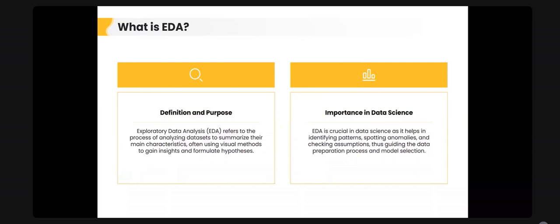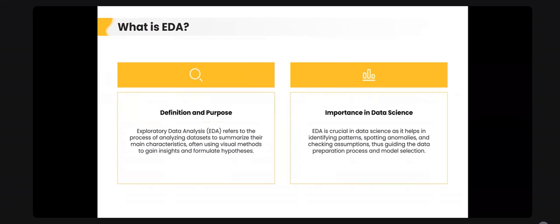And what is the importance of EDA in data science? Like I said in the definition, it plays a crucial role in data science, and it helps in identifying patterns, spotting anomalies. Now what are anomalies? I already mentioned in previous classes, outliers. I'll give you examples while practicing.